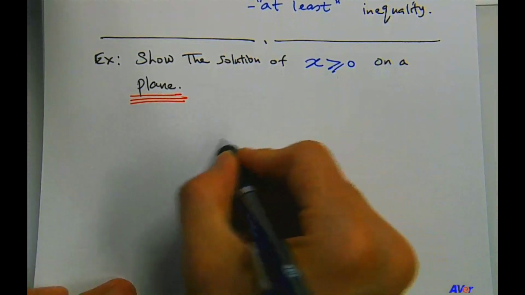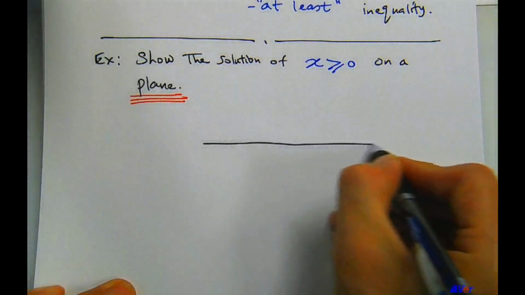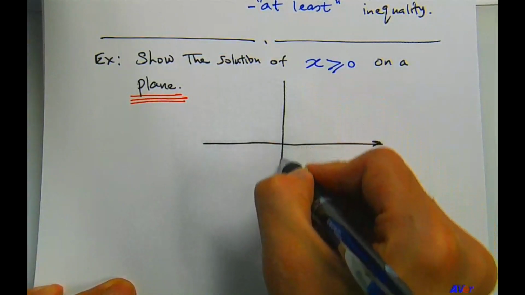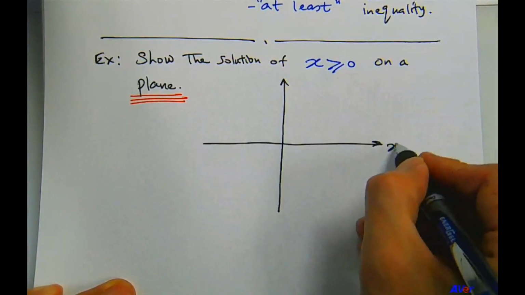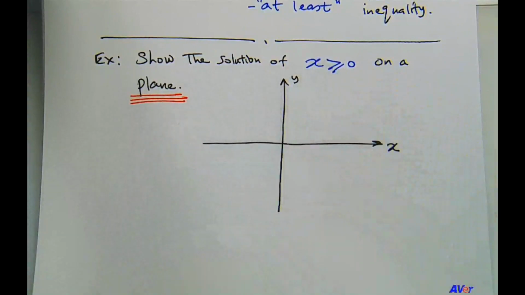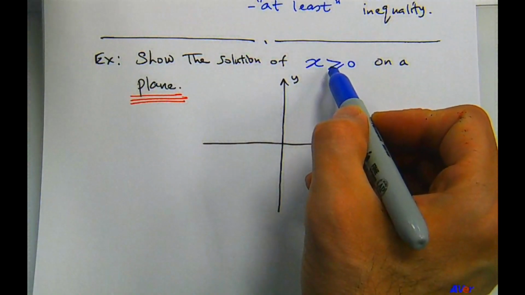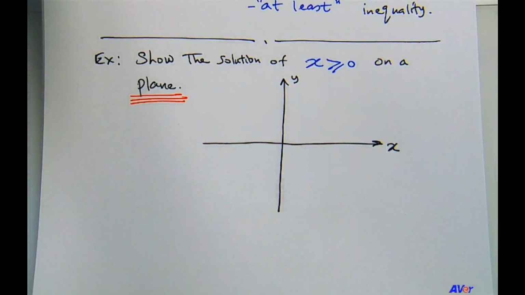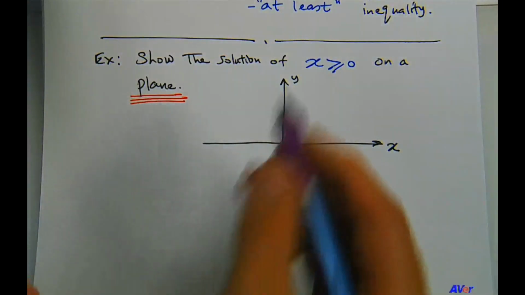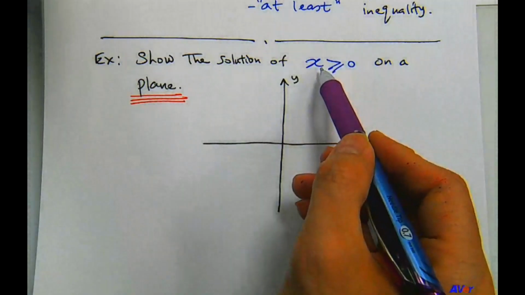First we want to draw the axes for the plane, for the two-dimensional space. Then x equal to 0 would be the boundary line. So this is very, very critical. First, we must find the boundary line.